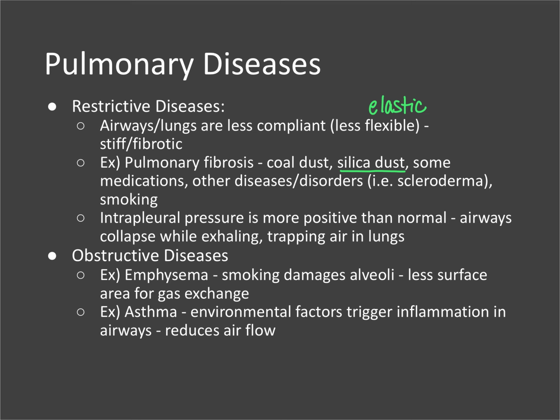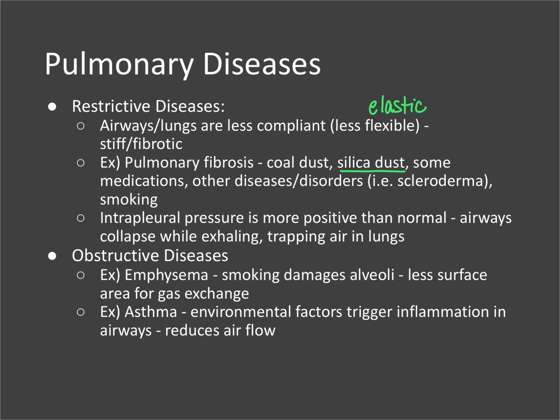And damaging the alveoli decreases surface area, so there's less area for gas exchange to occur. Someone could take a deep breath and take that oxygen into their lungs, but there isn't as much surface area for that oxygen to actually get into the bloodstream, or for the carbon dioxide to get out of the bloodstream and back into the lungs to then be exhaled.